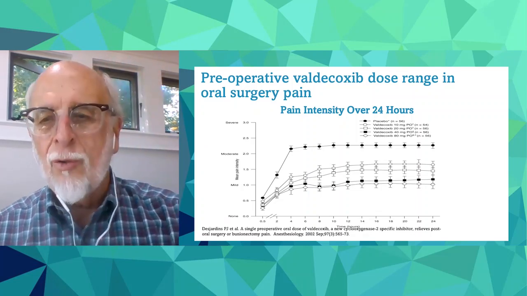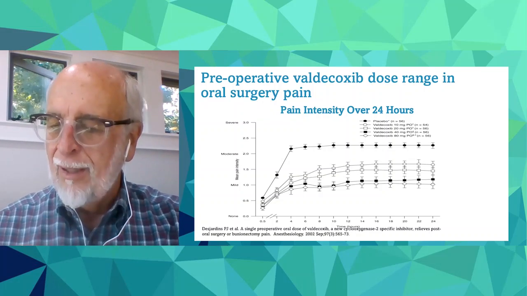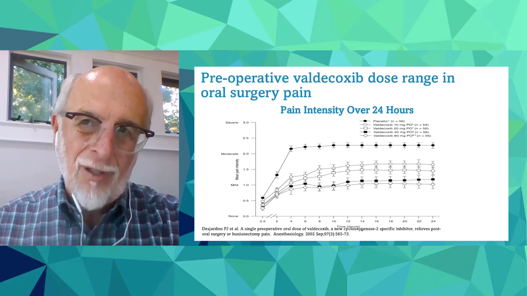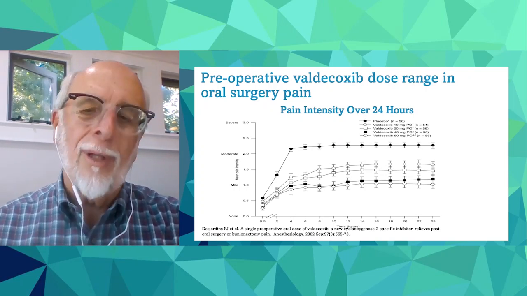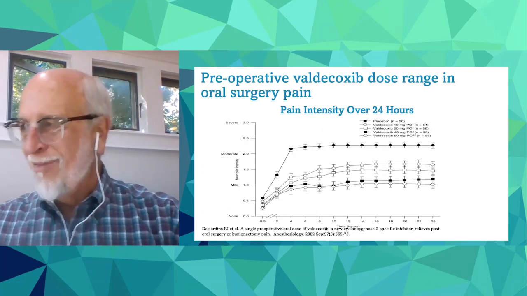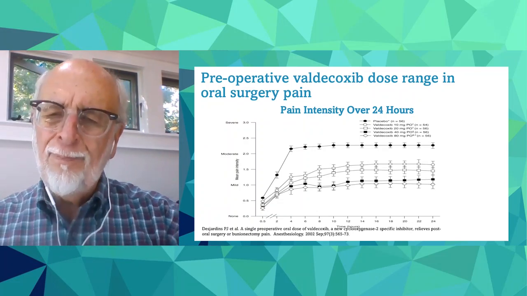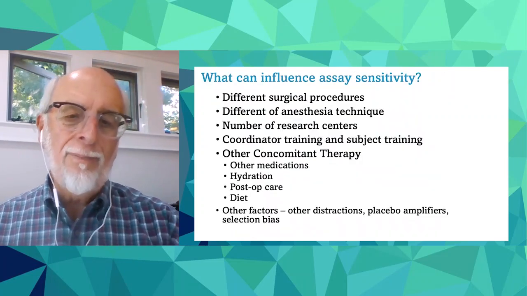That's okay as a research tool, but in a clinical population in your office, those patients should be taking the medication before the local anesthetic wears off. That tends to be where it works the best. It doesn't prevent pain from happening in the future, but it minimizes the postoperative pain and complications.